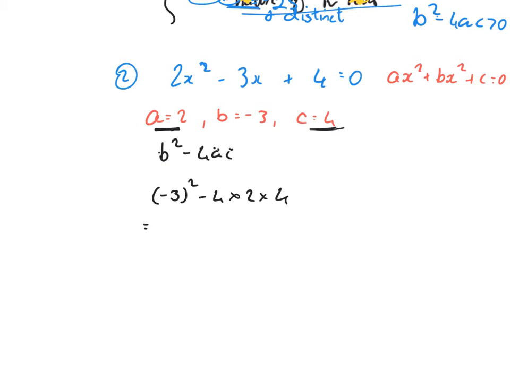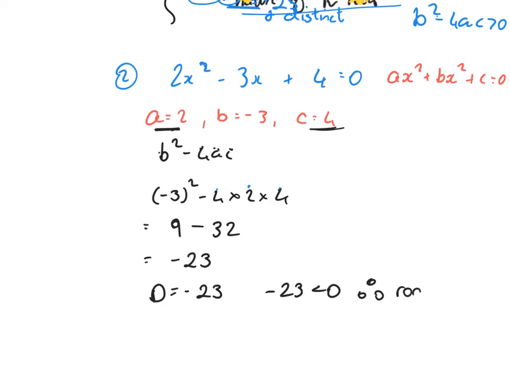Okay, so minus 3 squared is 9, and then it's minus, let's just take our time, 4 times 2 is 8, and 8 times 4 is 32. Take your time with that. That's going to go into negative numbers, and we get minus 23. So D equals minus 23. Minus 23 is less than 0.